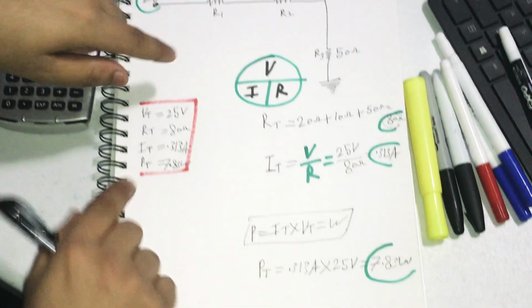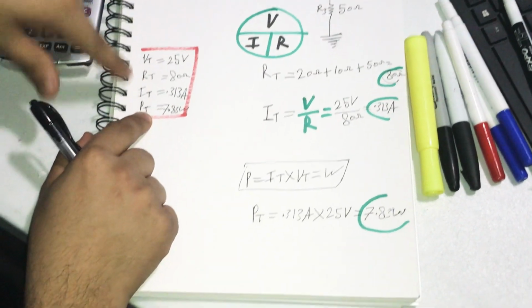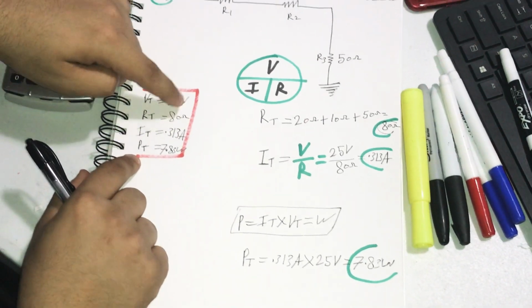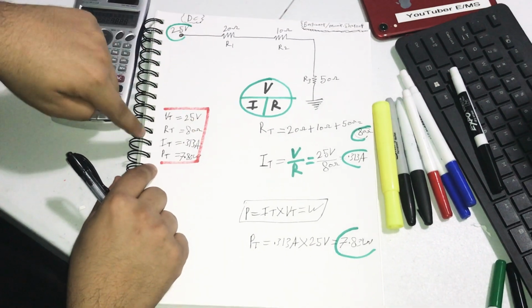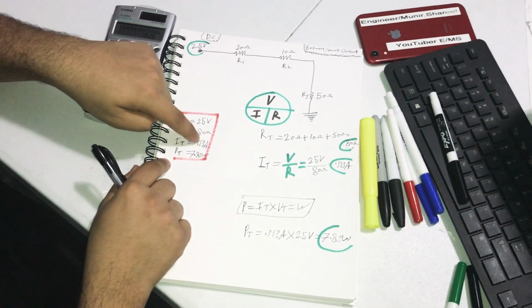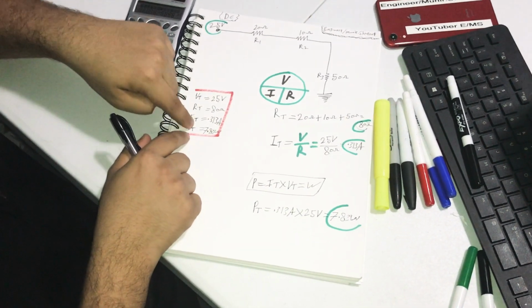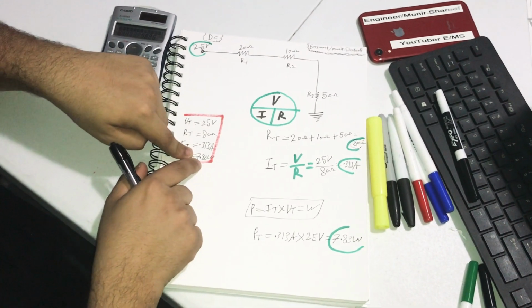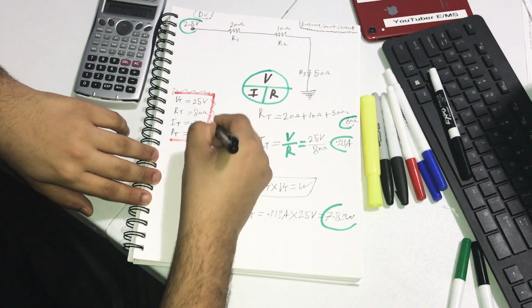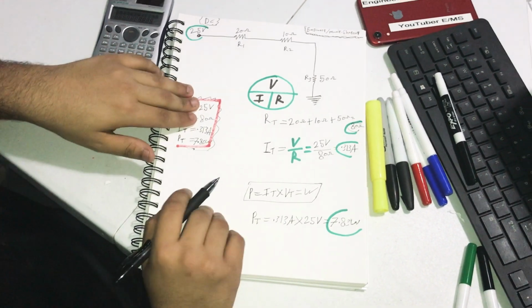So we found them, we got them all. Total volts 25 volts. The total resistance is 80 ohms. The total current is 0.313 amps. The total power is 7.83 watts.